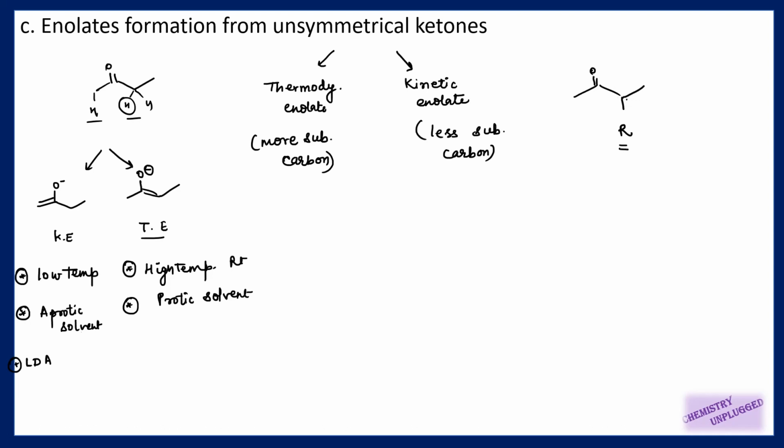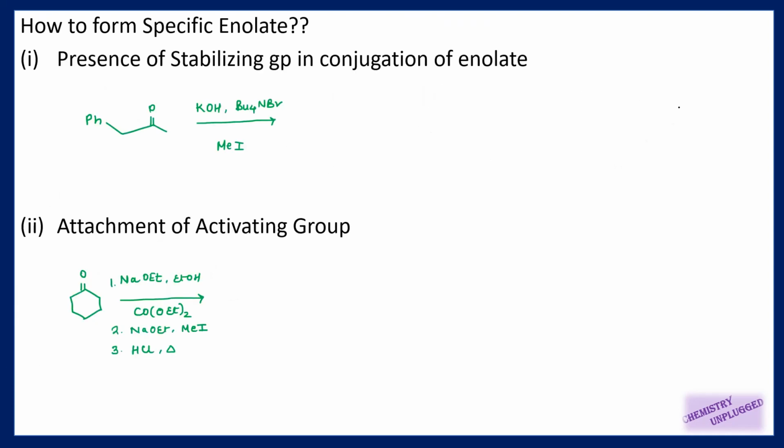So I have to use certain reagents which will give me thermodynamic enolate, and from that I will get this product. This is my requirement, that I want this type of enolate, right? So this is called your specific enolate, and we will see different conditions, nearly 7 or 8 conditions, for how we can synthesize a specific type of enolate.